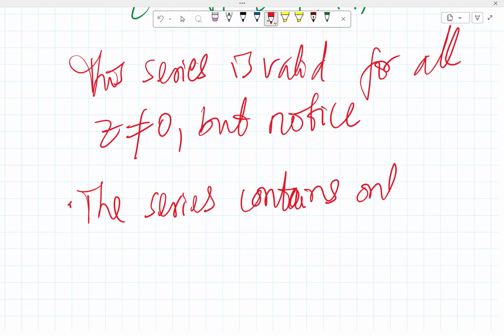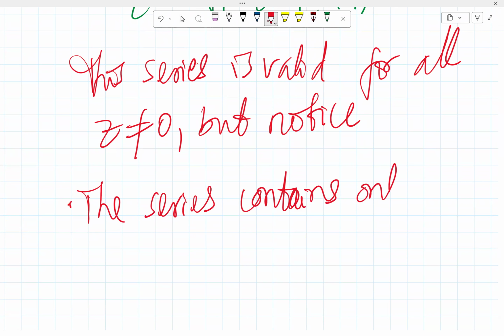So then we can compute the limit at z equals 0. That means the limit as z approaches 0 for sine z over z.